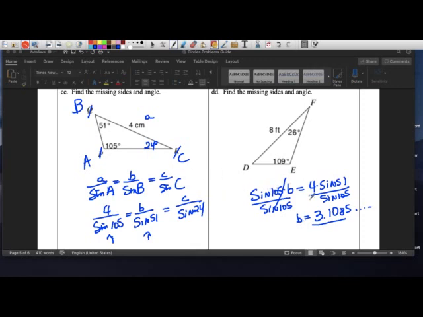So I did that top, and then now I have to divide that by sine of 105, and I get 3.22 rounded, okay? So little b here is 3.22 centimeters, okay?